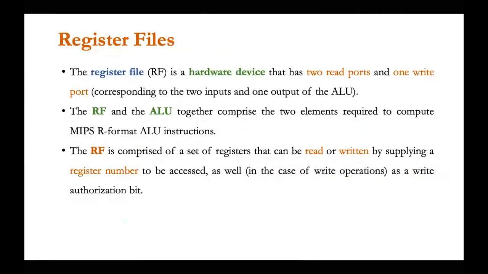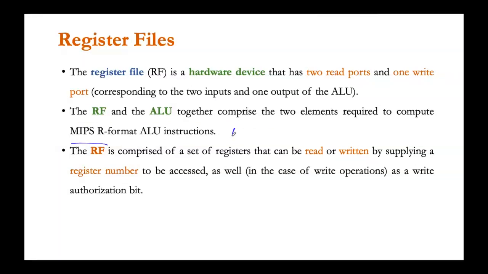So now, as just explained, the register file is a hardware device that has 2 read ports and 1 write port. The RF and the ALU together comprise the 2 elements required to compute the millions of instructions.